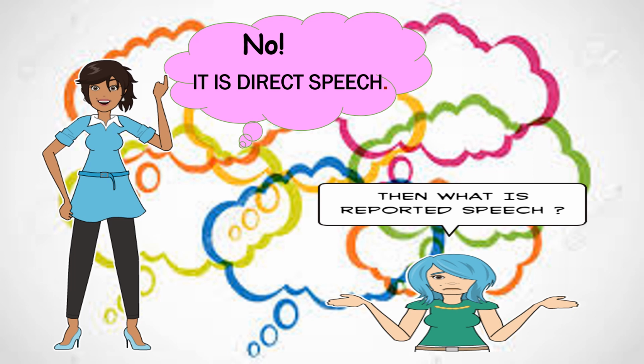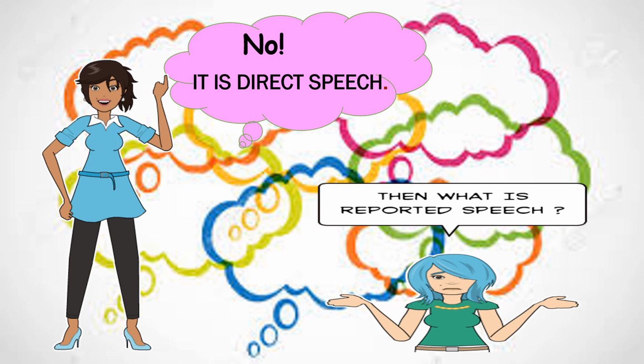Now you must be thinking, then what is reported speech? In reported speech, we often use a tense which is further back in the past than the tense originally used. So when we change direct speech into indirect speech, there are a few changes that we need to consider. When we change the tense from present to past, it is called backshift.